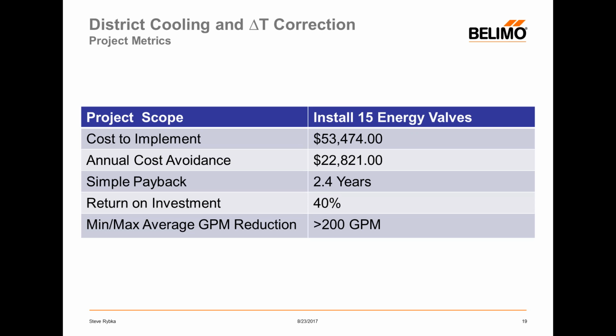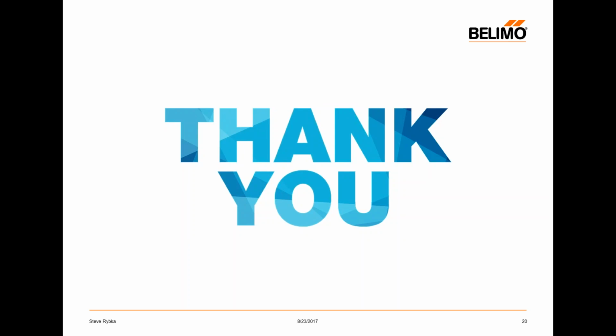By correcting the low delta T at the point of water-to-air heat transfer and reducing the pumping, we were able to create an annual cost avoidance of a little under $23,000 a year, a return on investment of about 40%, a simple payback of 2.4 years, and we reduced that minimum and maximum average GPM by a little over 200 gallons per minute. So not only were the low delta T penalties reduced, but the actual pumping energy used to operate the building was reduced greatly.